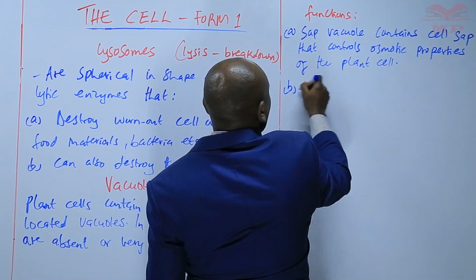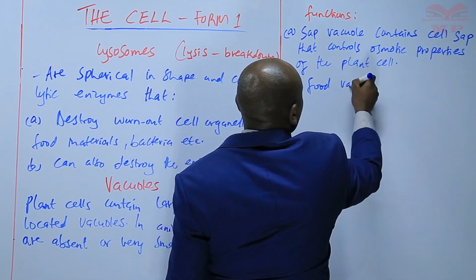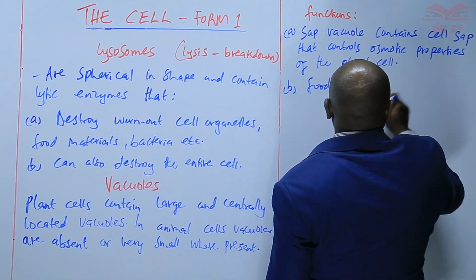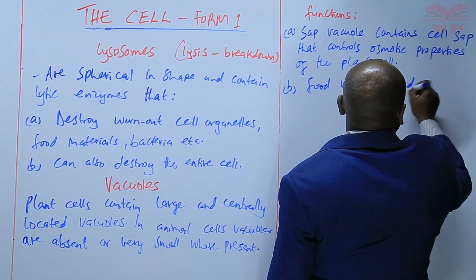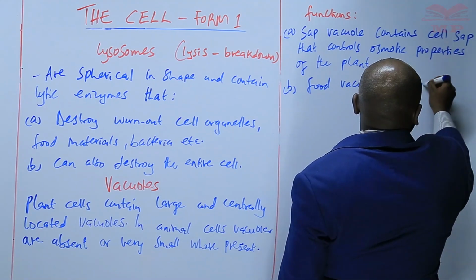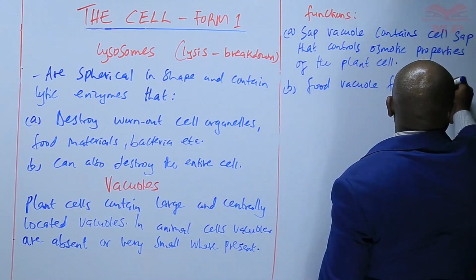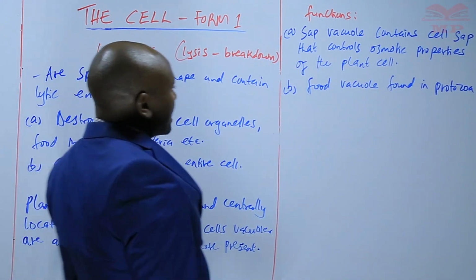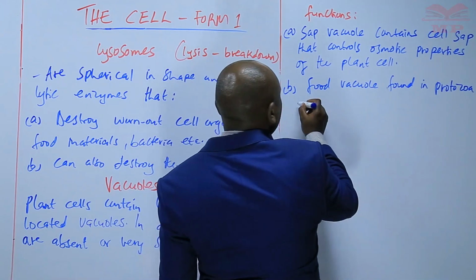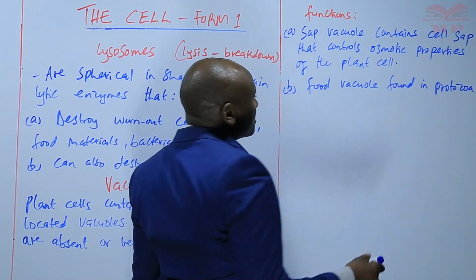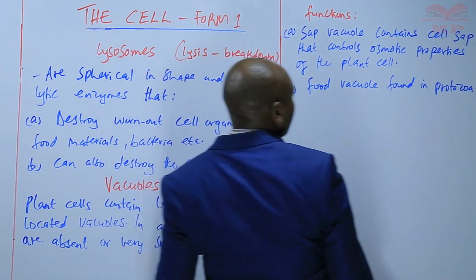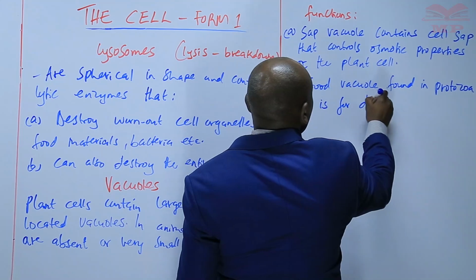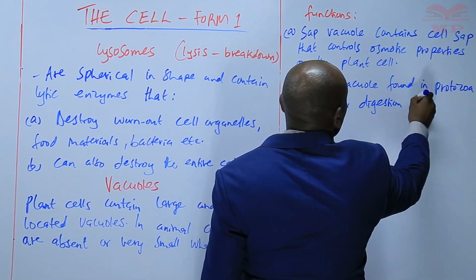We have also the food vacuole, and this one is found in protozoa, the kingdom Protoctista, such as the Paramecium and others. A food vacuole is for digestion and storage of food.